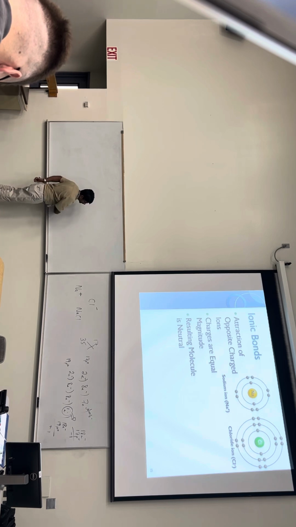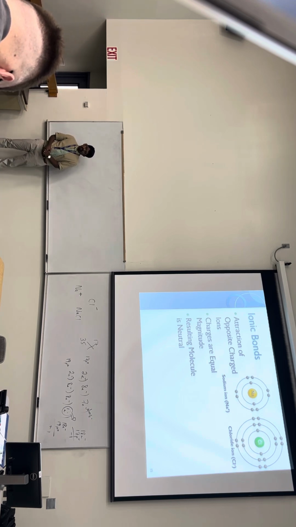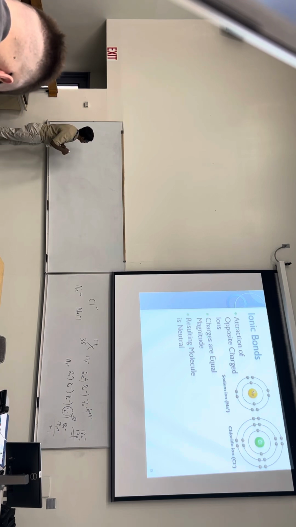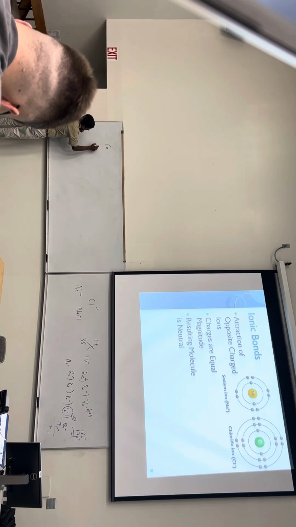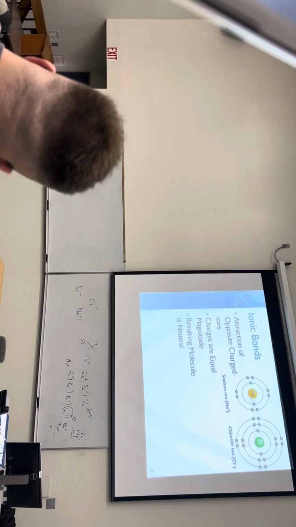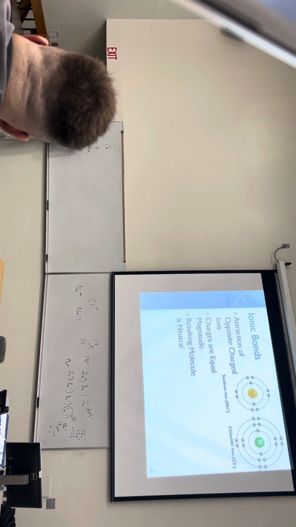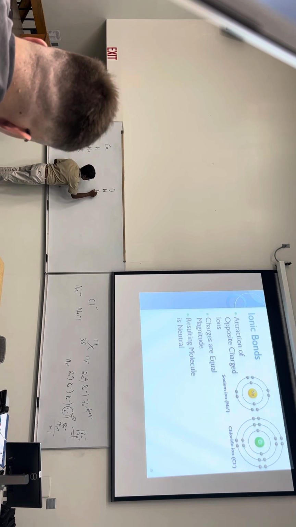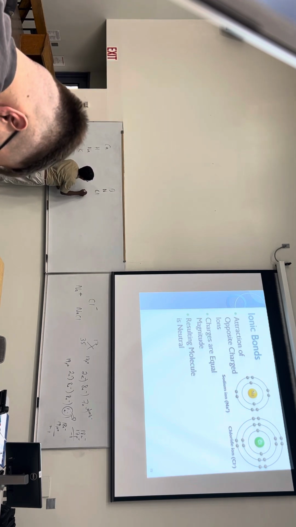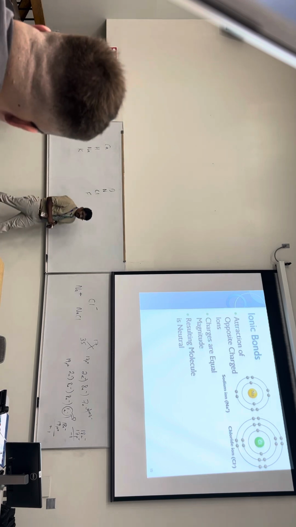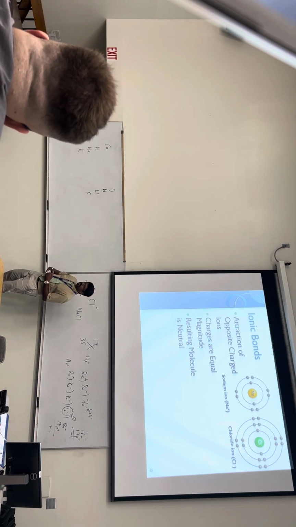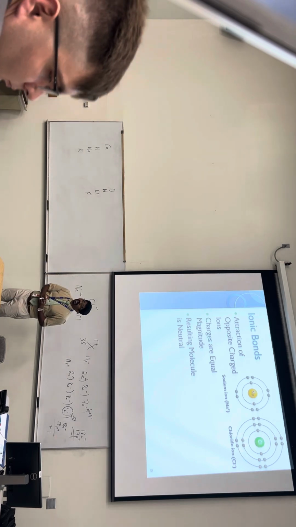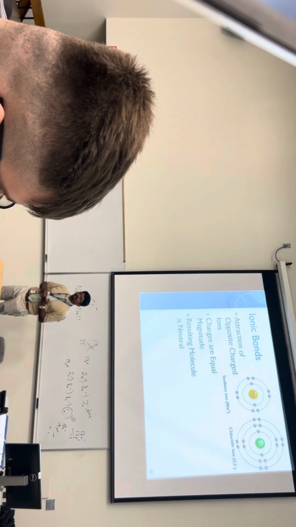Let's try out a couple. Let's not draw, but hopefully since we've talked about groups, we can figure out what charges they will be. If you can come up with the charge of the ions of these, you don't have to memorize them, you just have to be able to figure it out from the periodic table.